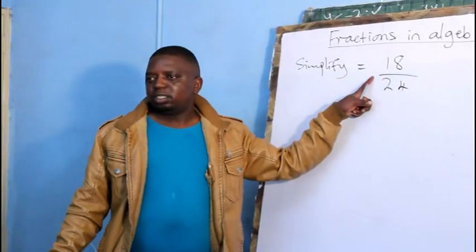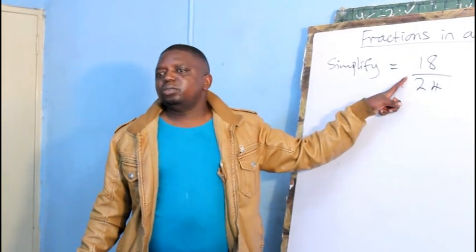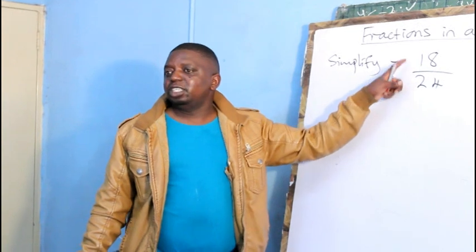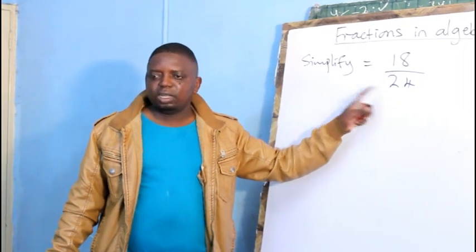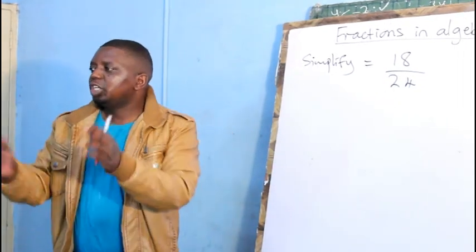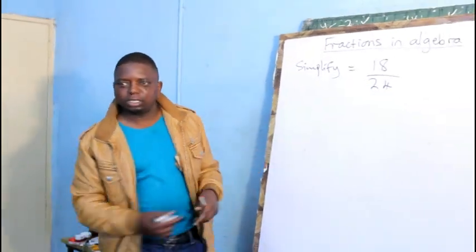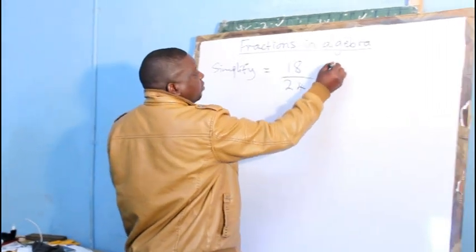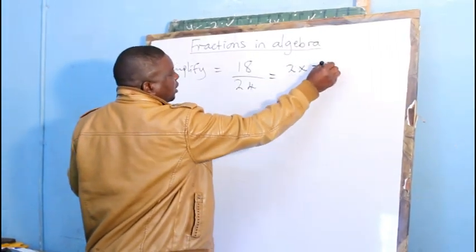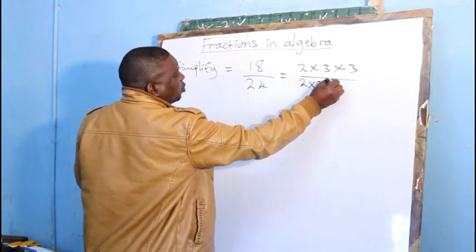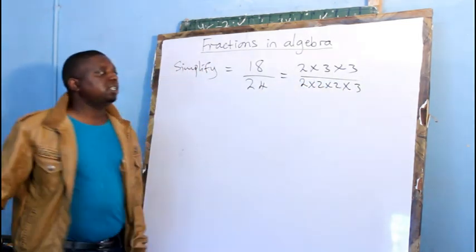Simplify. If you want to simplify this expression, you factorize 18 and 24, showing the factors that multiply to give the given number. 18 is 2 times 3 times 3 over 24, which is 2 times 2 times 2 times 3.